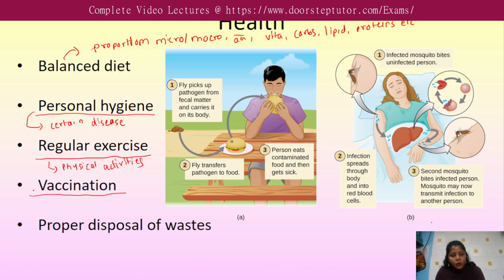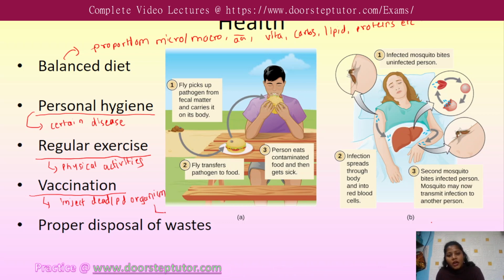Vaccination. What is vaccination? When we inject certain dead or partially dead organisms into our body, so that our body recognizes them and fights against them by producing antibodies.